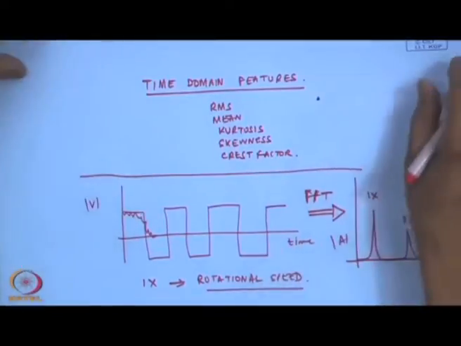And again, one thing I should drive home: in vibration monitoring, whenever we are doing vibration monitoring, be it in the laboratory or in the field, it is very, very important that you are always measuring the rotational speed. It is a good practice. Many times when you go to the industry, people assume this machine is running at 1440 RPM or at 2900 RPM, etc. That is fine. That is what the motor rating says.